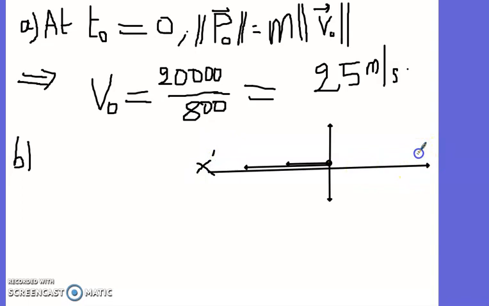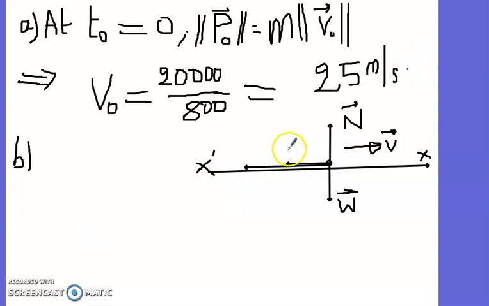So this is x prime x. And the forces are the weight, W, the normal reaction of the road or support. This is the sense of motion, don't forget, which is represented by the velocity vector. Be careful, V is not a force, okay?